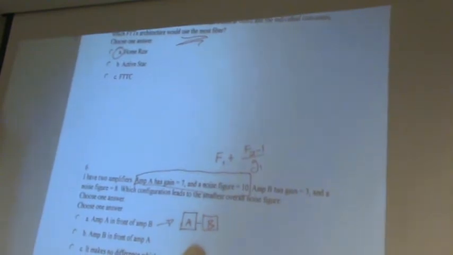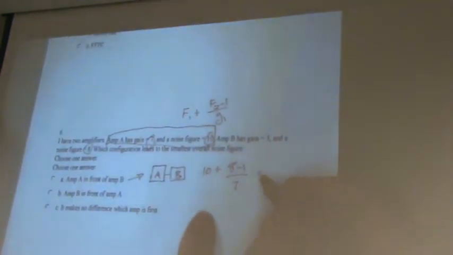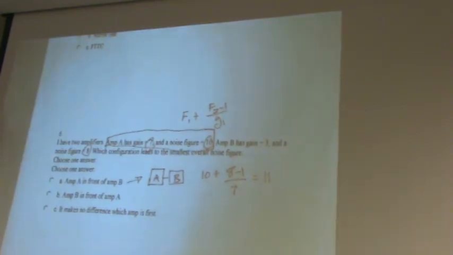F1 plus (F2 minus 1) over G. So then F1 would be this one, right? Am I doing that right? Cool. So I have 10 plus the second one is 8 minus 1 divided by the gain of the first one, which is 7. So what's that? 11? How nice.